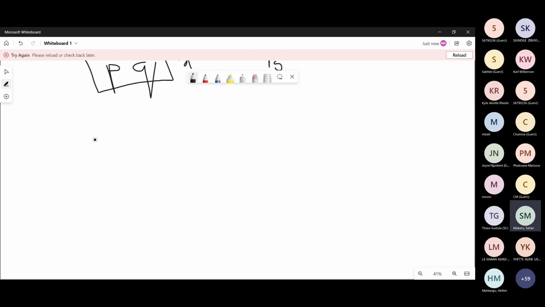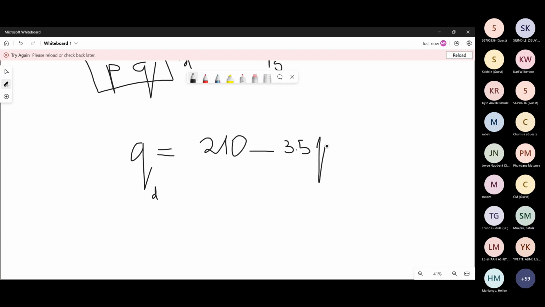The demand and supply functions for a certain product are given as QD. Let's say here, QD equals 210 minus 3.5 PD.